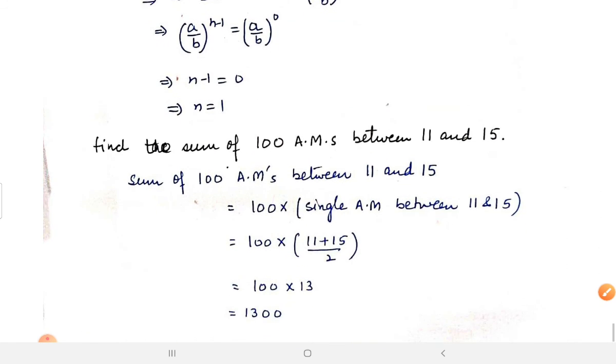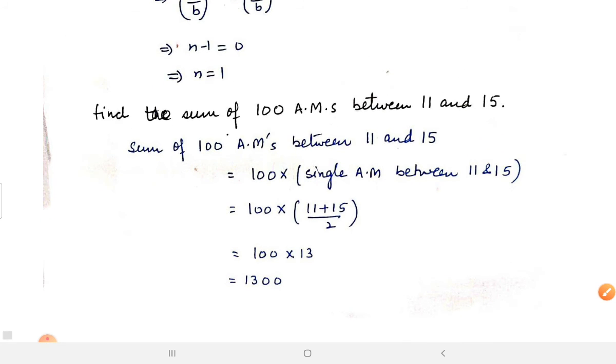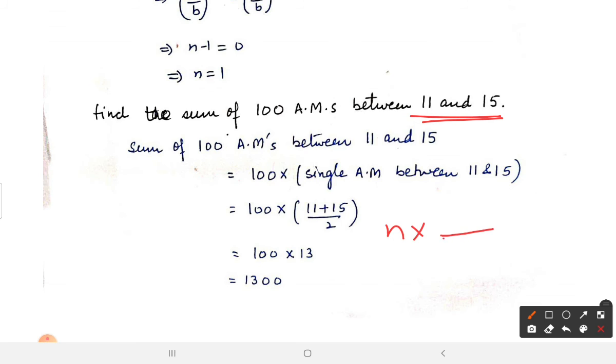Next is find the sum of 100 arithmetic means between 11 and 15. So sum of 100 arithmetic means, we have the relation: sum of n arithmetic means is always equal to n times the arithmetic mean between the two numbers.